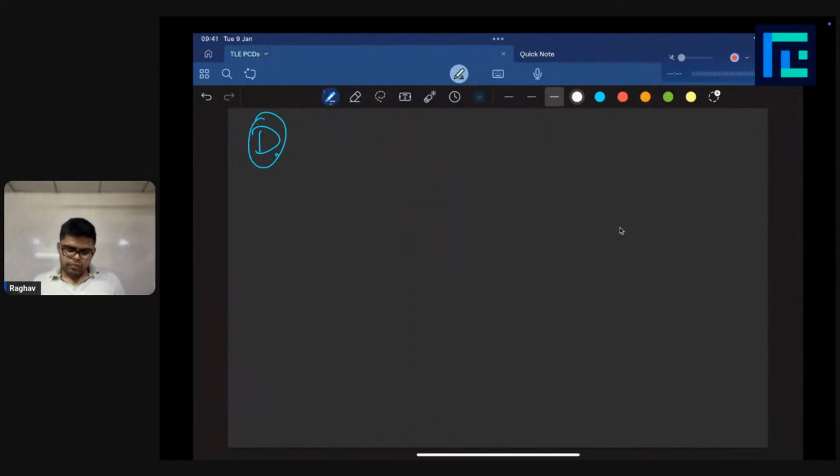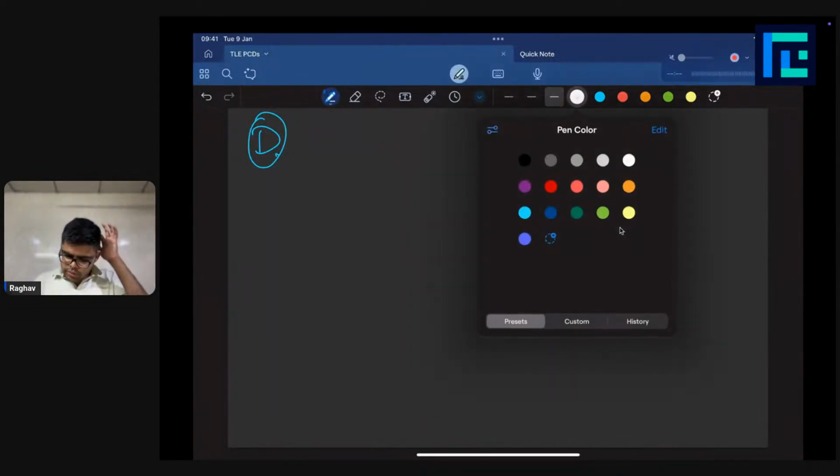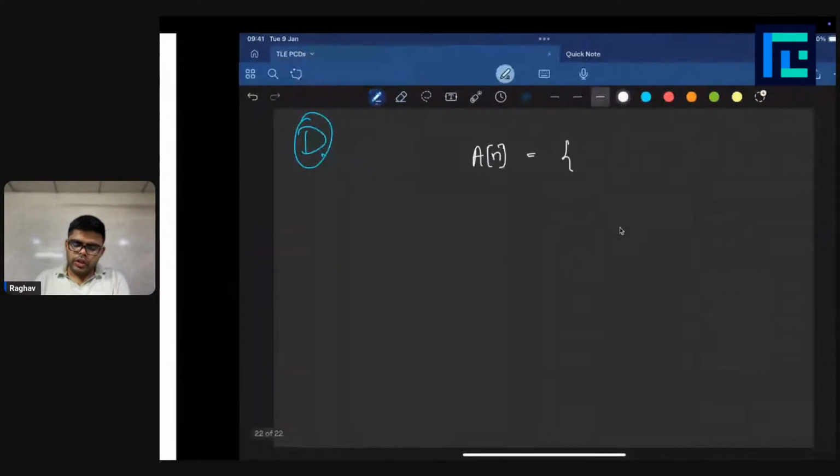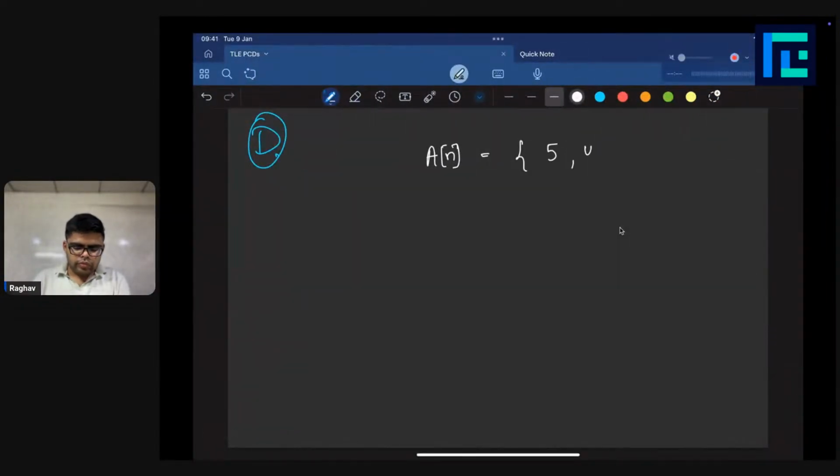Yep, so this is the question. We are being given a permutation A of size n. Let's say the permutation is 5, 4, 3, 1, 2.